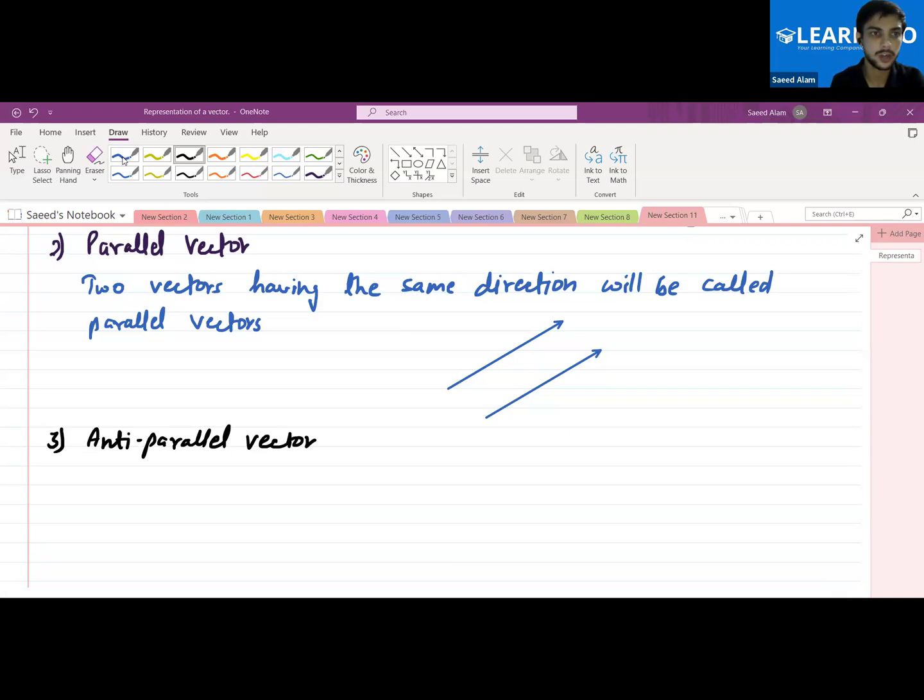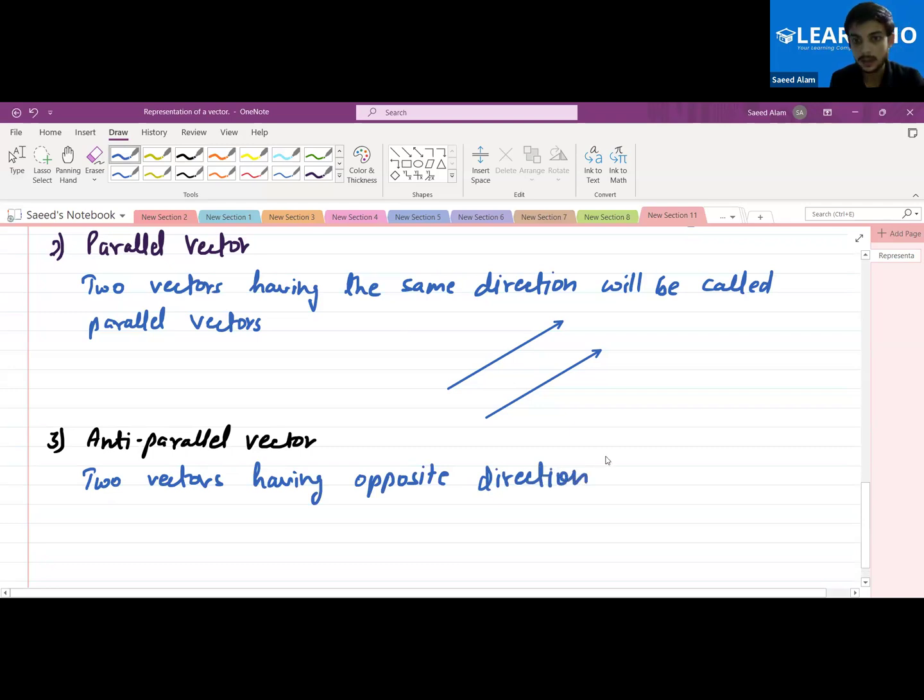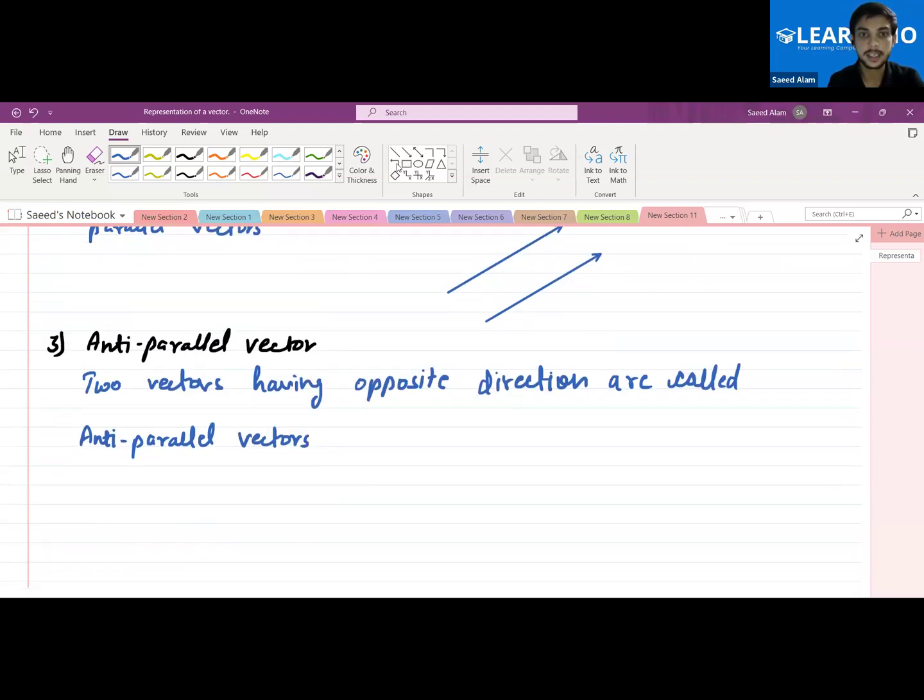So what we can write here, two vectors having opposite direction are called anti-parallel vectors. Understood? So how can we draw it?